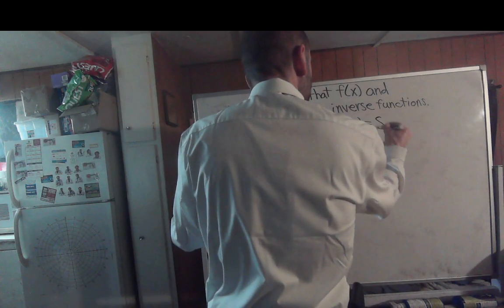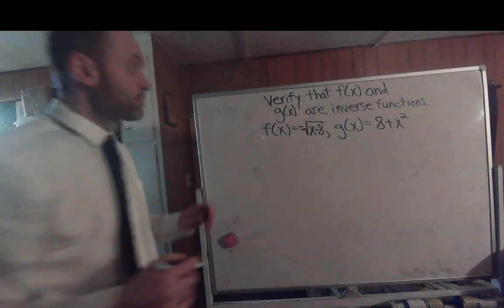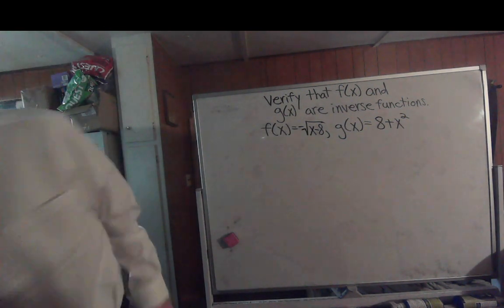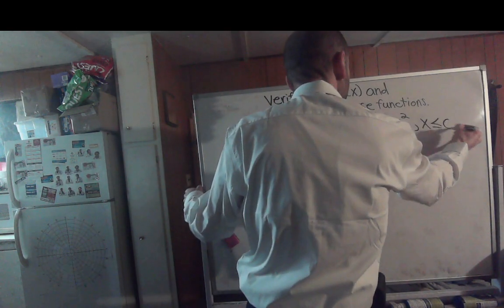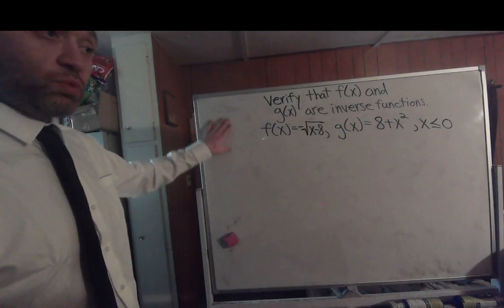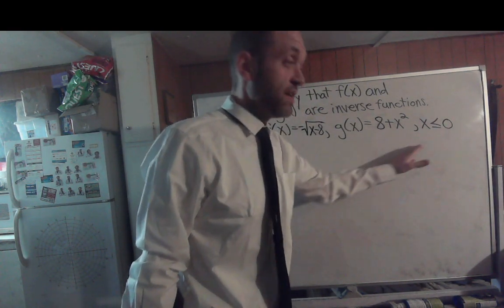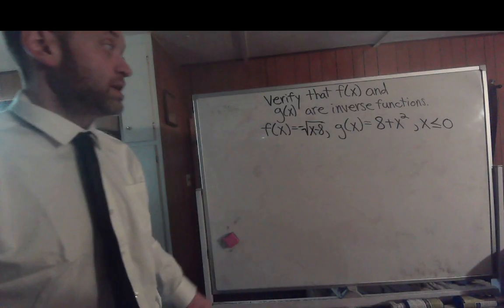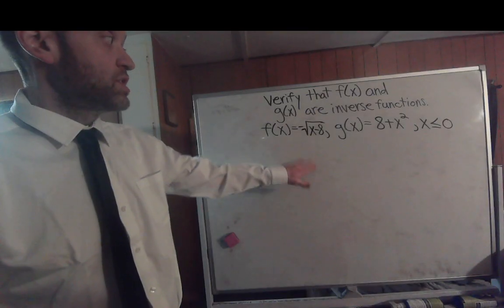G of x equals 8 plus x squared, where x is less than or equal to 0. So this is one of those where the domain is restricted to the left of the vertex of the parabola. That's why you have the negative square root.